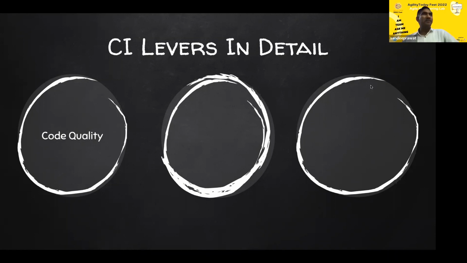Let's consider a real scenario. Take this example. Let's say you are a developer. Just put yourself in the developer's shoes. Now you are working on a feature which you have to deliver, right? Now let's say every 5 minutes you are receiving a mail that code quality is not good. Code quality is not good.